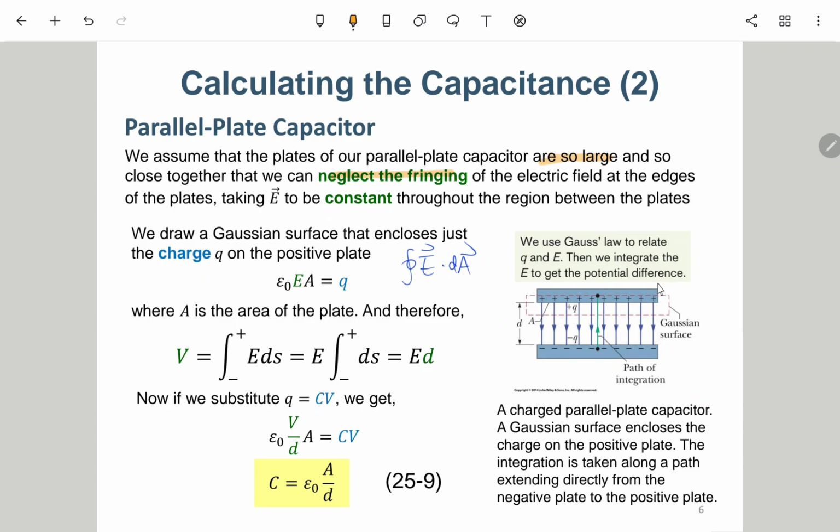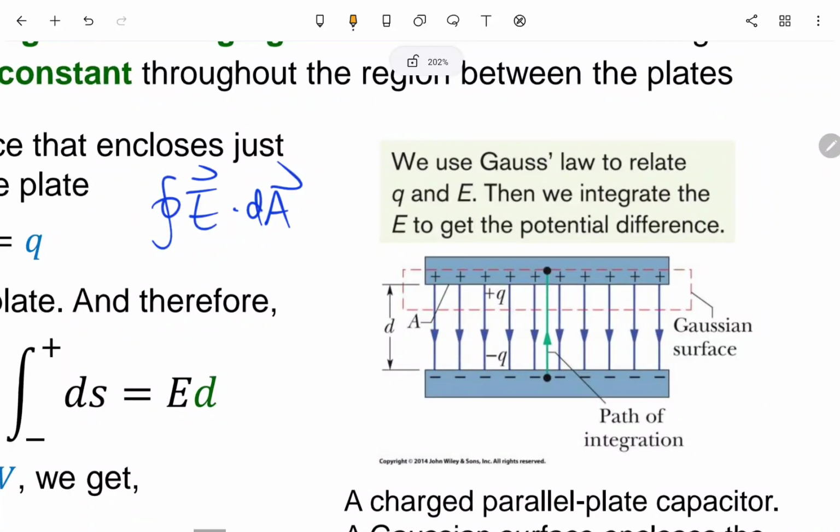Okay, so in such a way, when we consider the net flux for this Gaussian surface, the top surface is actually inside the conductor, so E will be 0, so it won't contribute to the surface integral. For this side 0, for this side 0, so these three sides won't contribute. Only this surface will contribute.